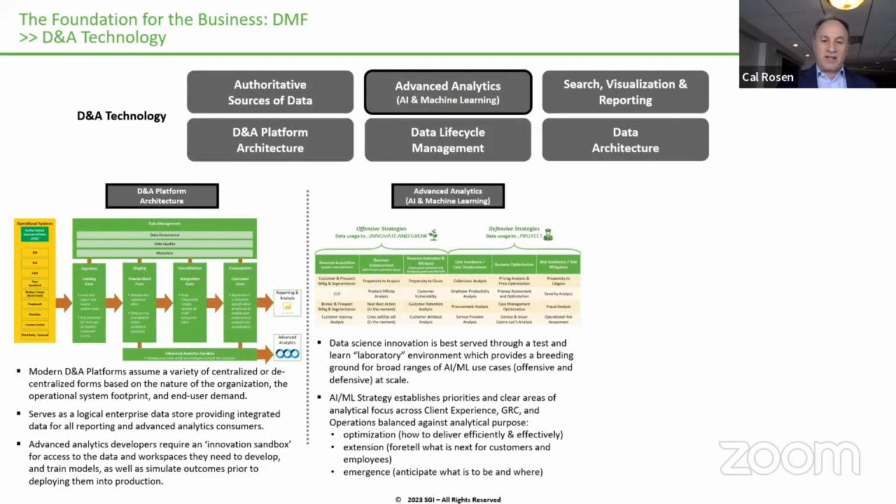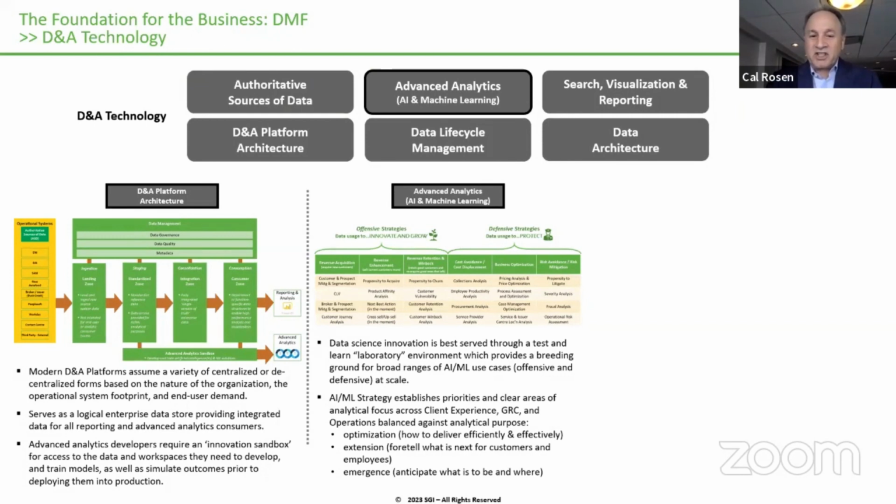And really, I look at it that you need to create a strategy around advanced analytics that focuses on the analytical areas of focus. Are we focusing on client experience, governance, regulatory, and compliance? Are we focused on operations? Do we need to optimize our operations? And then on the other axis are 3 key components: optimization.